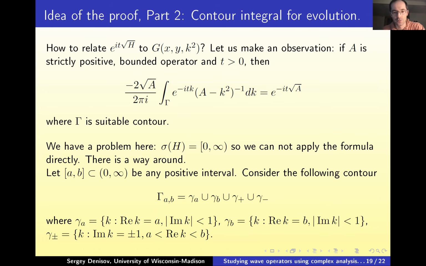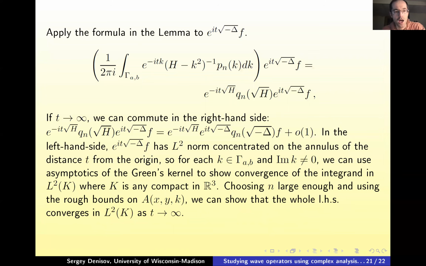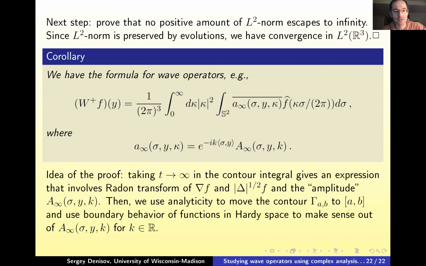This very general result, which one can show for all operators, has to be adjusted to the current setting. That's the particular lemma that one has to do. Maybe I'll skip that, but ultimately the corollary is that you can write down the wave operators through these amplitudes that I defined right here. And so this whole situation becomes very concrete.